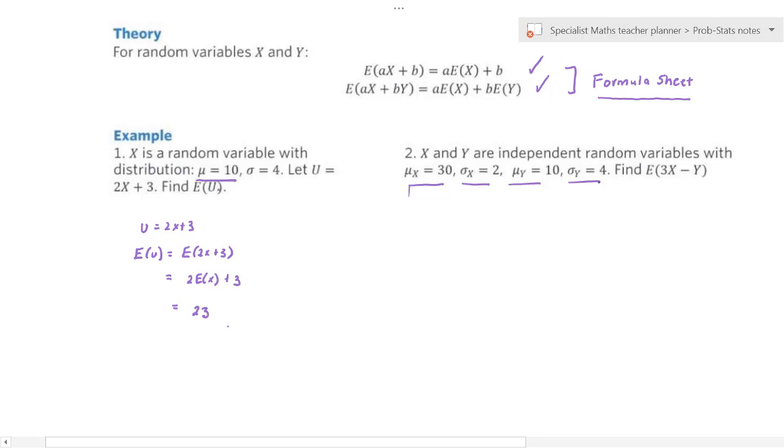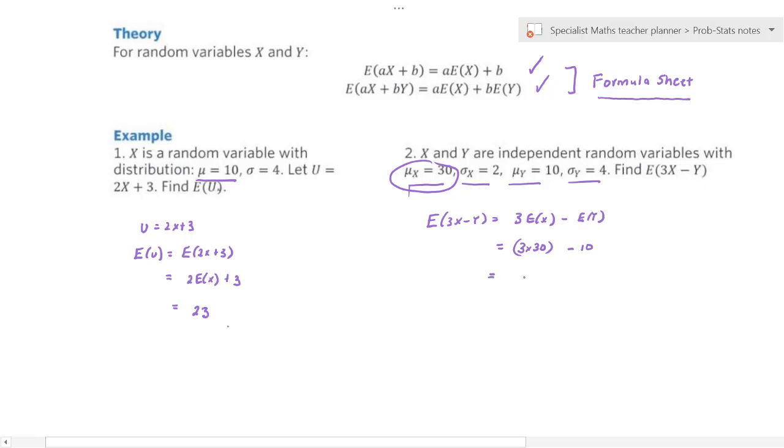Find E of 3X minus Y. So E of 3X minus Y is equal to 3E of X. Be careful with the sign: it's minus E of Y. And 3E of X, well, that's mu X over here, which is 3 times 30, which is 90, minus E of Y, which is 10.